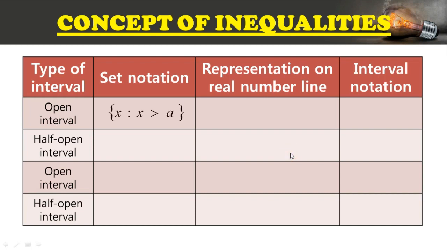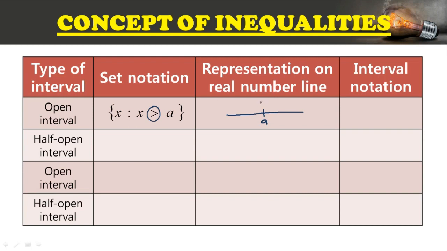We have X greater than A. So to write in solution set or set notation, just use curly bracket X double dot X greater than A. So how to represent on number line? Draw number line, and then we have only A, right? Since our sign is greater than, okay, tak ada equal kan?